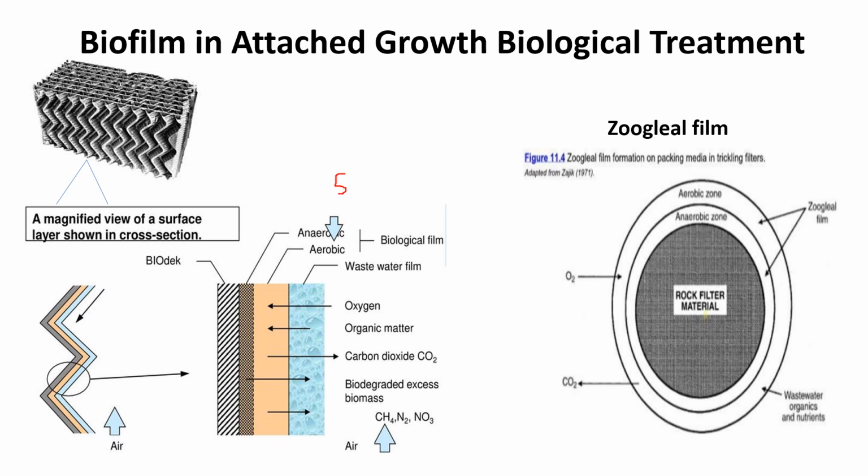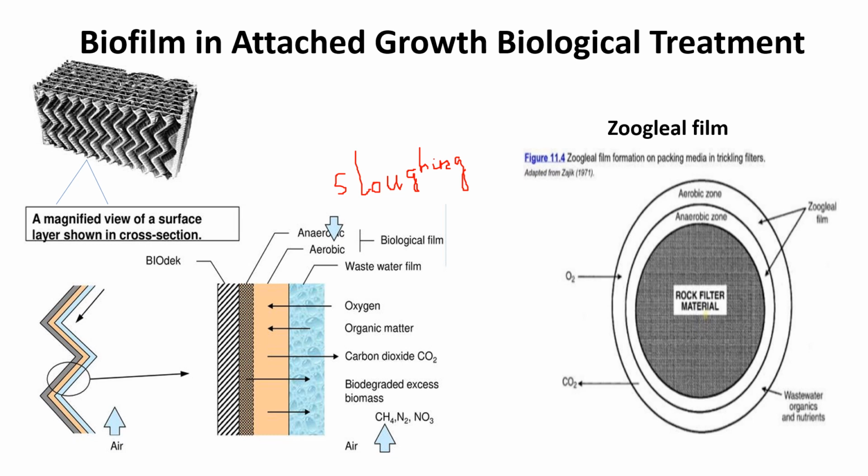Sloughing is spelled S, L, O, U, G, H, I, N, G. So the detachment of the microorganisms on the surface is called the sloughing process.